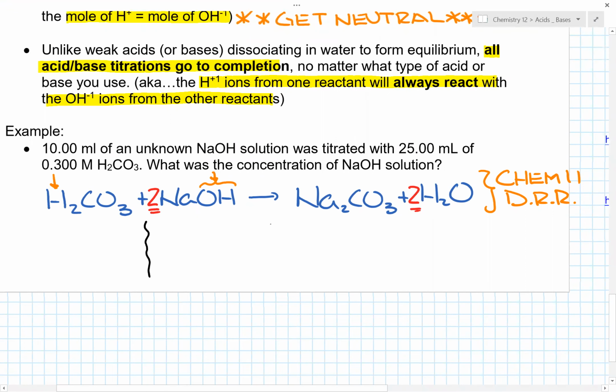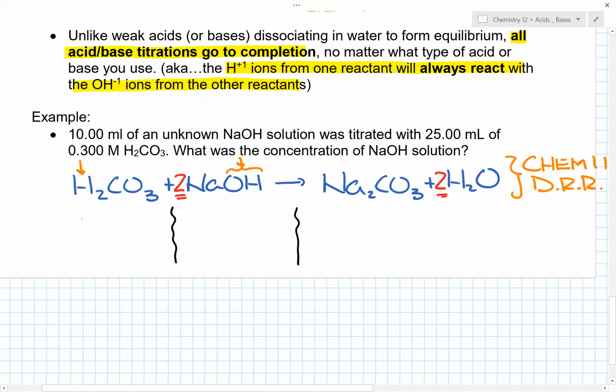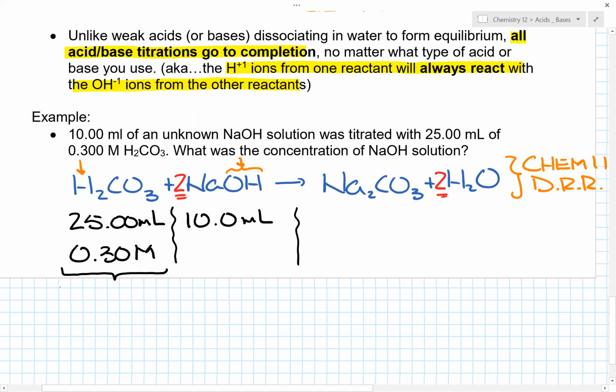Now, what do you do? You set it up like last year. So you have 25 mL here, you have 0.30 molarity, and you have 10.0 mL here. And remember, how do you solve these questions using stoichiometry? You find the number of moles, in this case 0.3 times 0.025, so this would be 7.5 times 10 to the negative 3 moles.